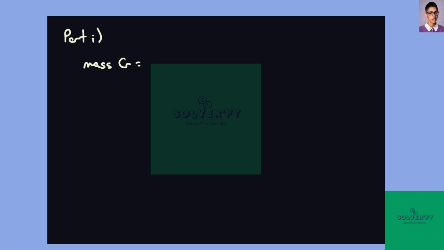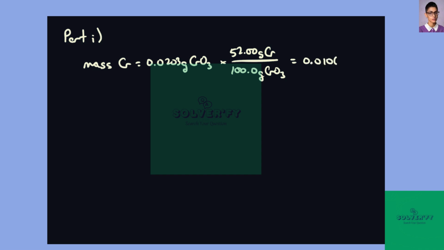The mass of chromium is equal to 0.0203 grams of CrO3, and in 100 grams of CrO3 there would be 52.00 grams of chromium, and this would yield 0.0106 grams of chromium.